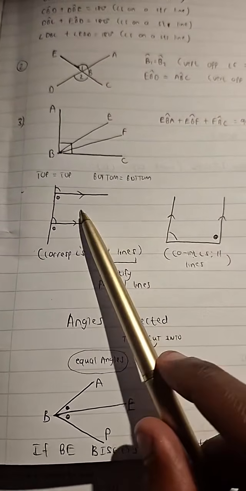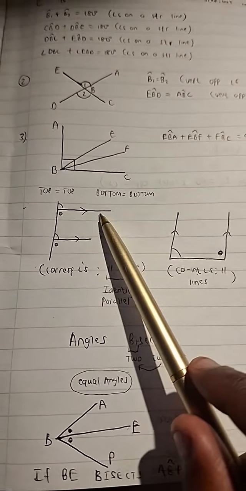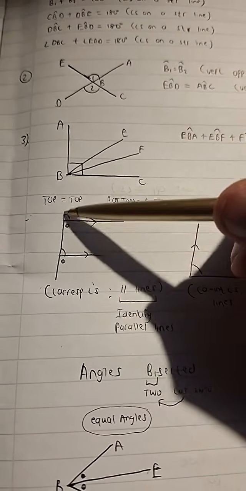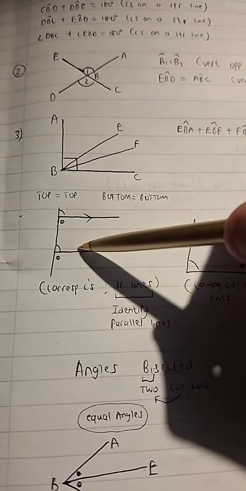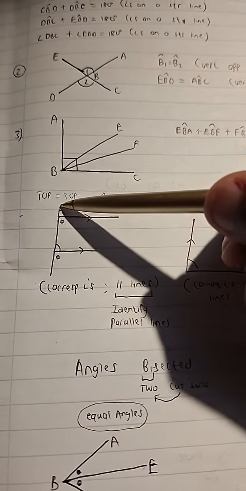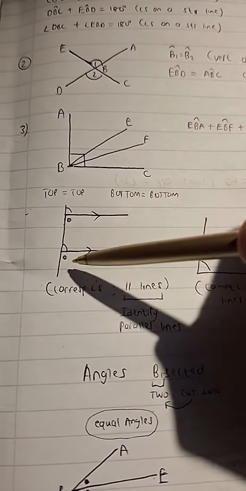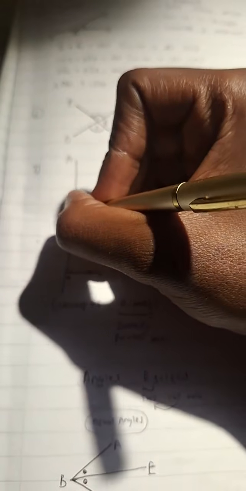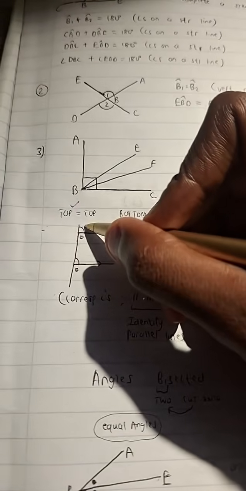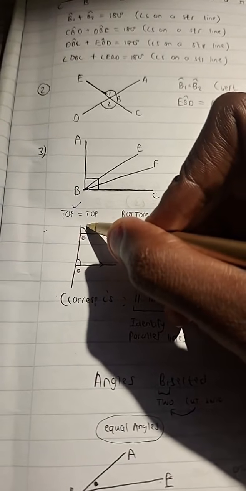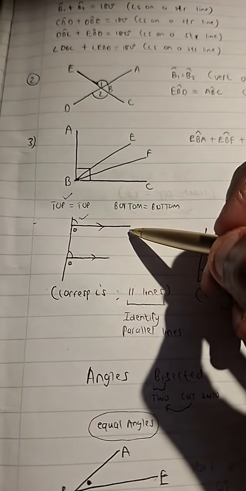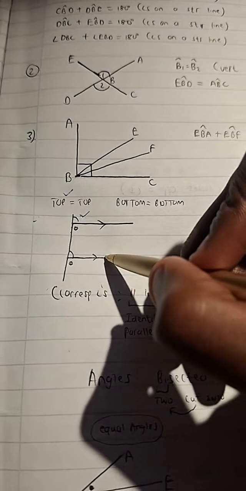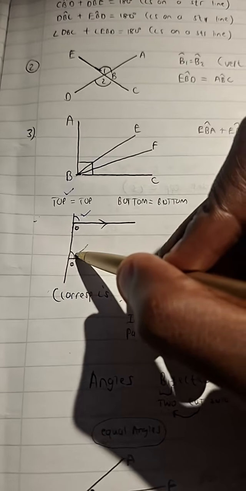We have what we call here an F shape, all right? We say that for the F shape, if we have lines that are parallel, guys, the top angle here, this is one line, top angle, this line, top angle.